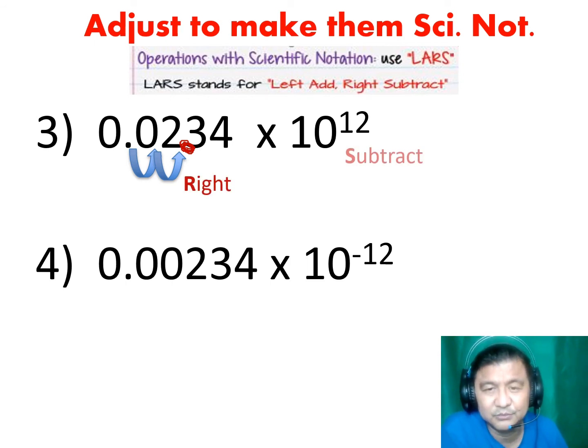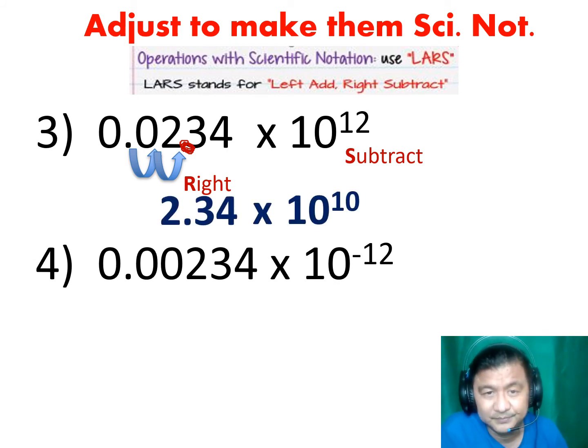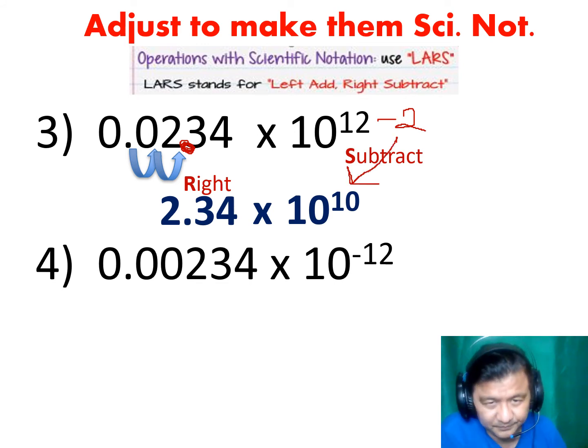What do I subtract? From the exponent. 12 minus, since I moved 2, I subtract 2 here. So that's why the exponent is now 10. Again, I move to the right, S, subtract 2.